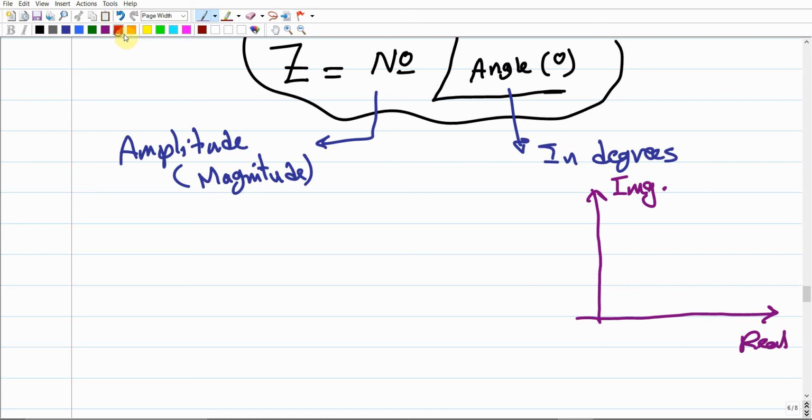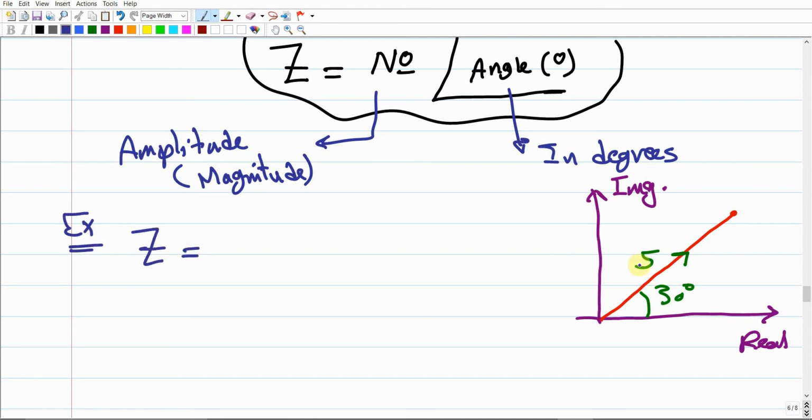Then we're going to have the number as a vector in this direction, where the length of this vector that represents this complex number is going to be 5, and the angle is going to be 30 degrees. So this graph is an example of a complex number.